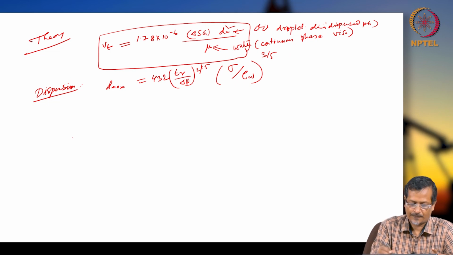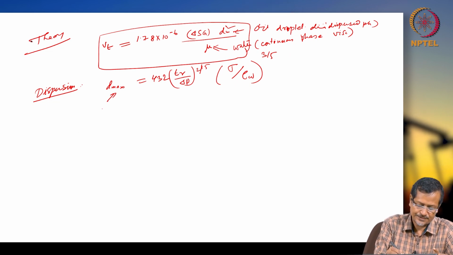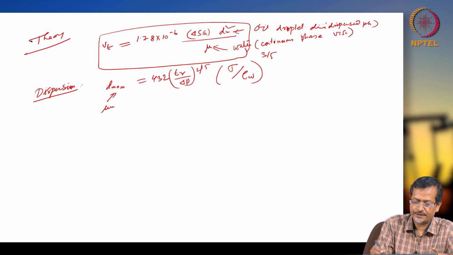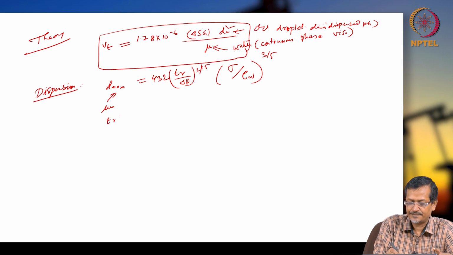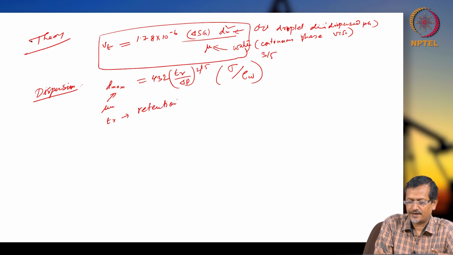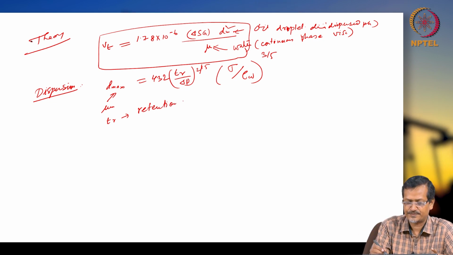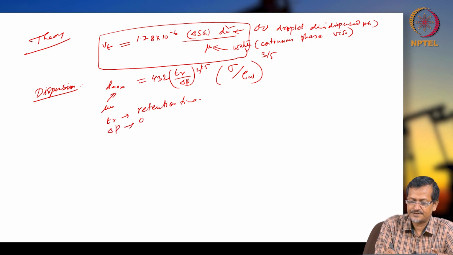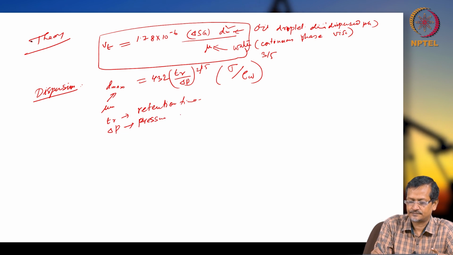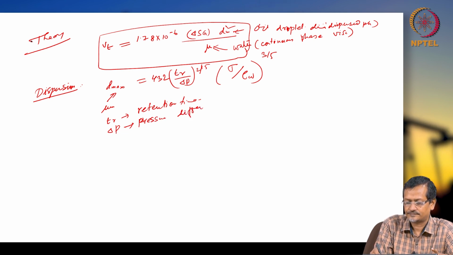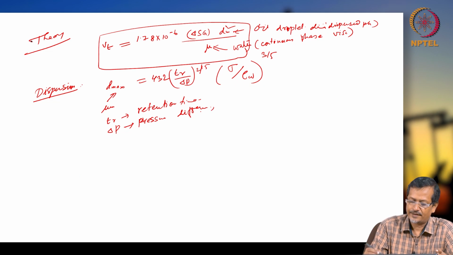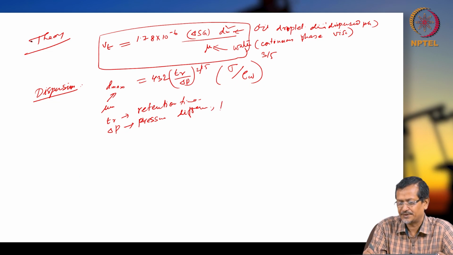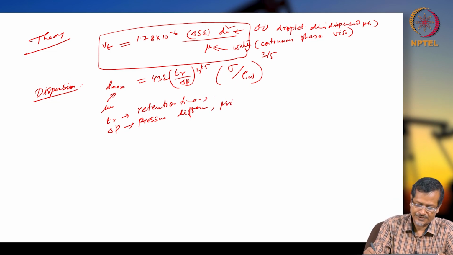This is in micrometer, and Tr is retention time. I am using the common symbol, the book also uses the same symbol, retention time, and del P is pressure difference. Normally we are using PSI, field unit, and retention time in minutes.